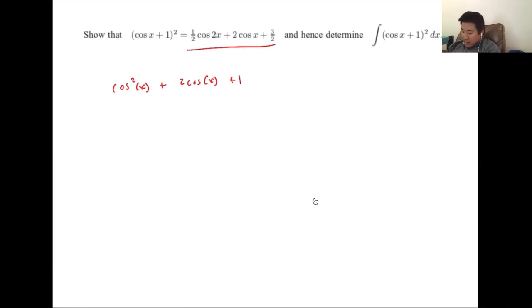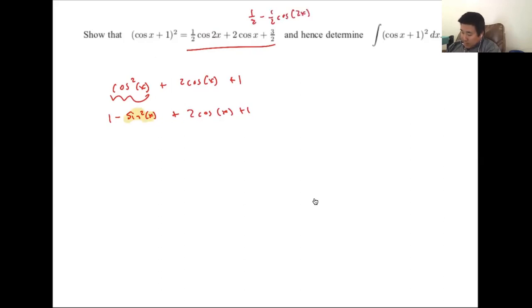And then this is going to be 1 minus sine squared x plus 2 cosine x plus 1. And this is equal to, what was it, 1 half minus 1 half cosine 2x.